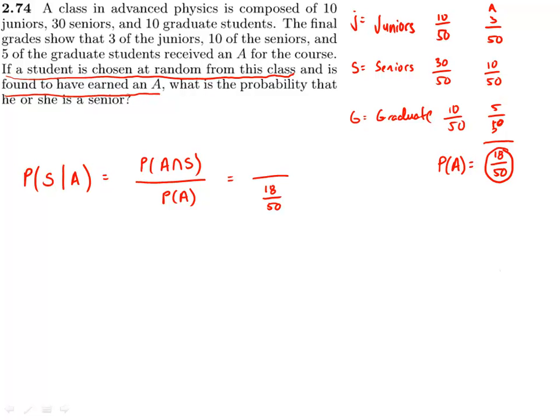So this is the intersection of those two events. It is a senior and obtaining an A. So this is 10 over 50. So if you solve this, this is 10 over 18, and this is 5 over 9.